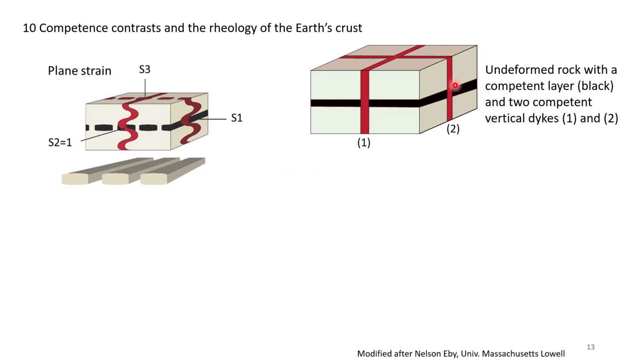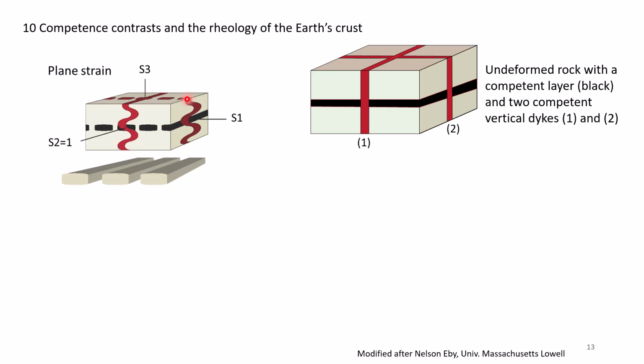The response of the second dike here, that is oriented perpendicular to the first one, is different. This dike runs along the maximum stretching direction and it runs perpendicular to the S2 direction. And again, we would see vertical shortening, which leads to the formation of the folds that we see here on the right-hand side of our reference block.